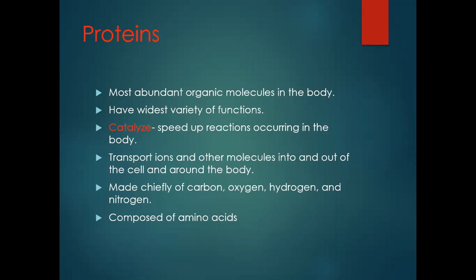Our proteins are made up chiefly of our four major elements. Nitrogen is a major element in protein. In fact, the typical proteins that we take in nutritionally are about 16% nitrogen. That comes in very important because any excess nitrogen that we take in has to be filtered by the kidneys. So if you have an animal who is in kidney failure, what am I going to want to minimize the consumption of?